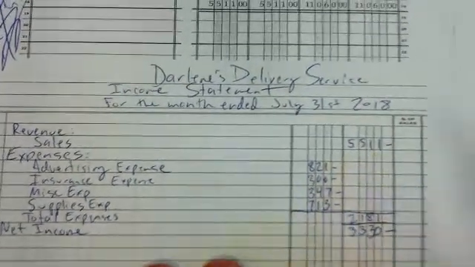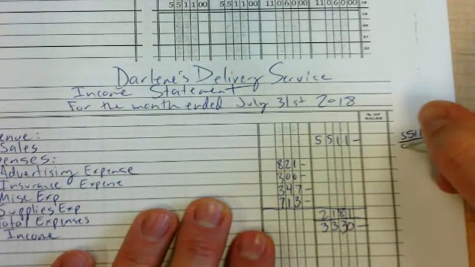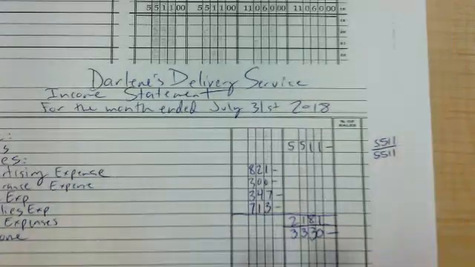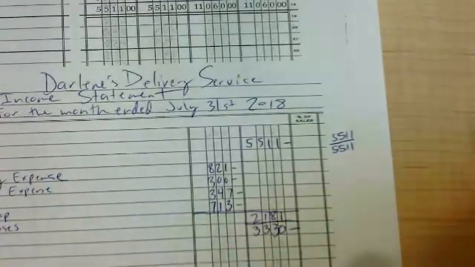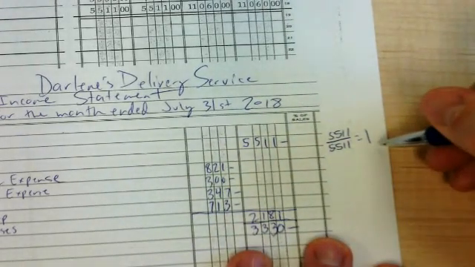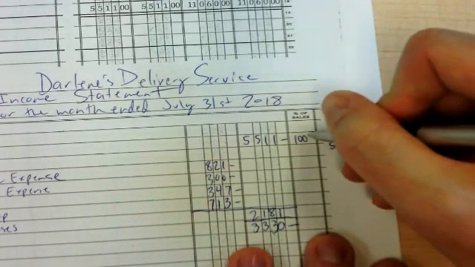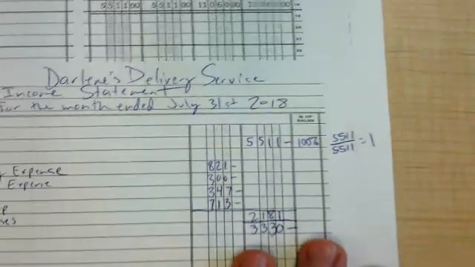So to do this one, you would do 5511 divided by 5511. I'm not sure if you guys are strong at math, but that would equal 1. 1 as a percent is what? 100. Keep it 100, everybody.